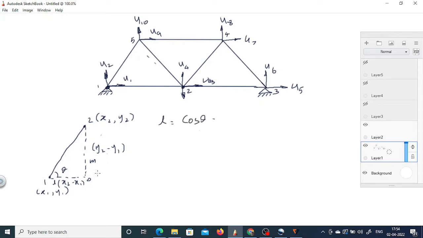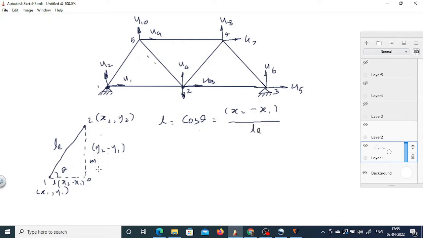Cos theta is equal to adjacent side by hypotenuse. Here the hypotenuse is called LE and the adjacent side is x2 minus x1. So cos theta is equal to x2 minus x1 divided by the hypotenuse LE.